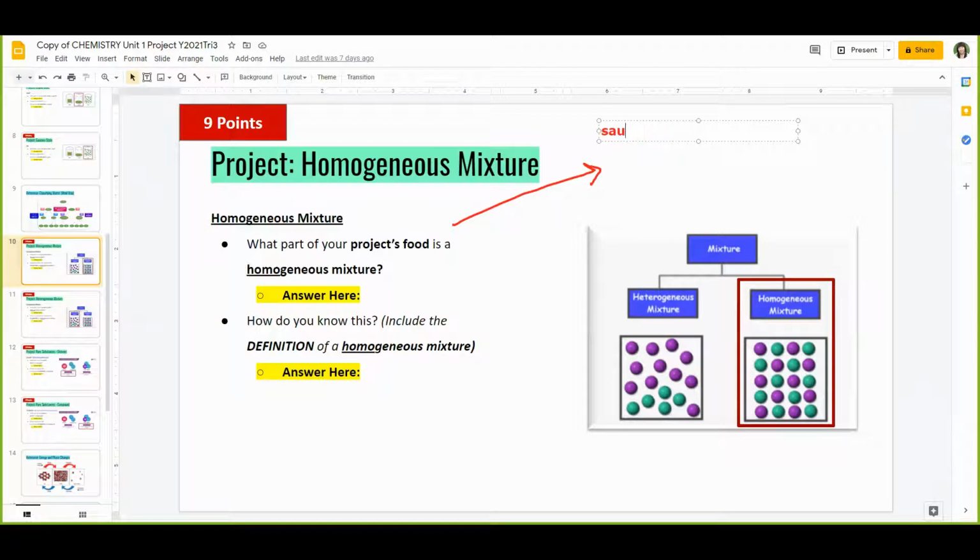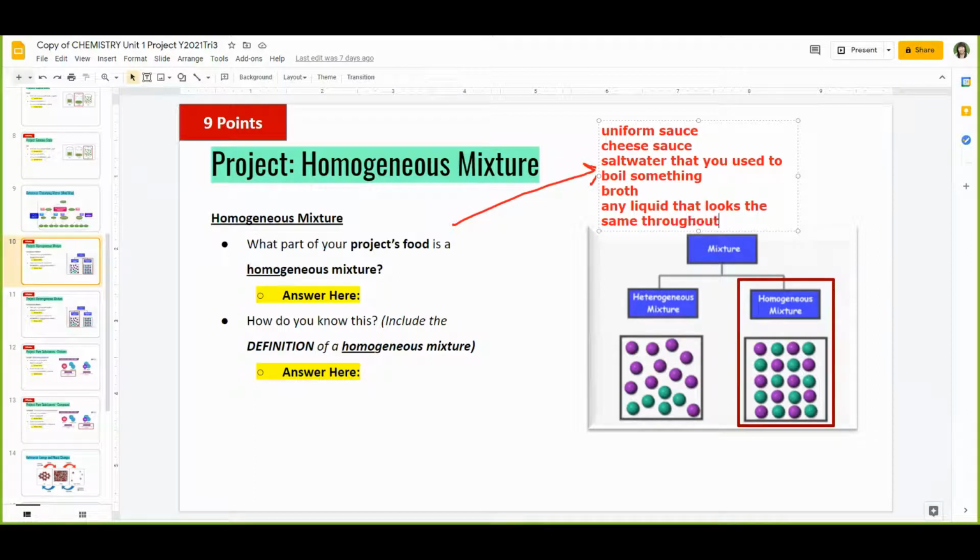A uniform sauce, like a cheese sauce, or this could be like salt water that you used to boil something. This could be like a broth. The broth has the chicken stuff in it, but it's pretty uniform with the liquid. This could also be, it tends to be any liquid that looks the same throughout.